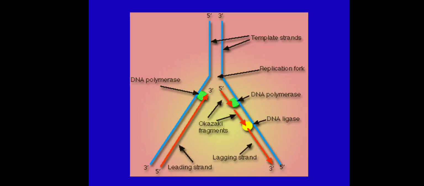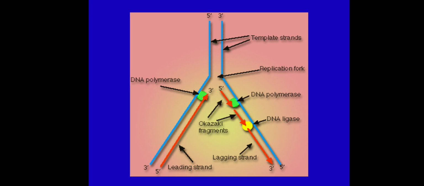And now, this is the replication of DNA diagram. Here an enzyme called DNA polymerase binds to the primer and makes the new strand of DNA. DNA polymerases can only add DNA bases in one direction, from the 5' end to the 3' end. One of the new strands of DNA, the leading strand, is made continuously.